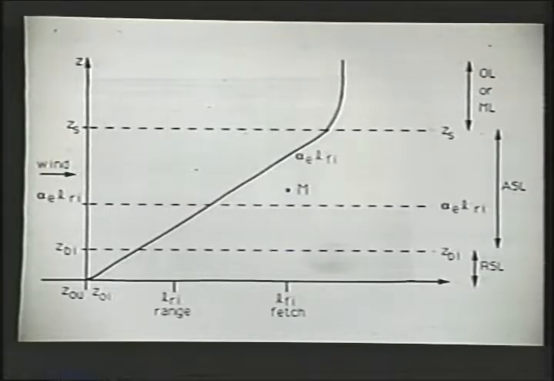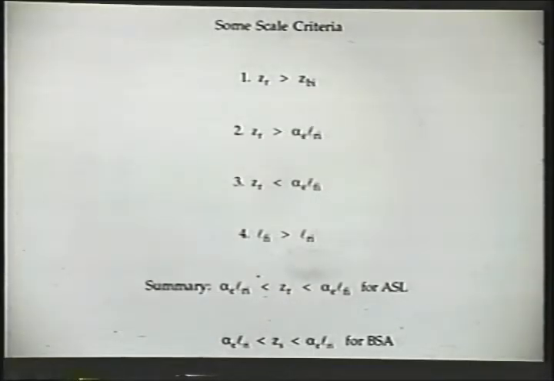Now, we can summarize these conditions in this slide. Well, we can go through that if we had the time, but here they are summarized. The point of measurement, or the internal scale of the turbulence, should be bounded between an upper limit, which is the internal boundary layer, and a lower limit, which is conditioned by the range for that particular surface.